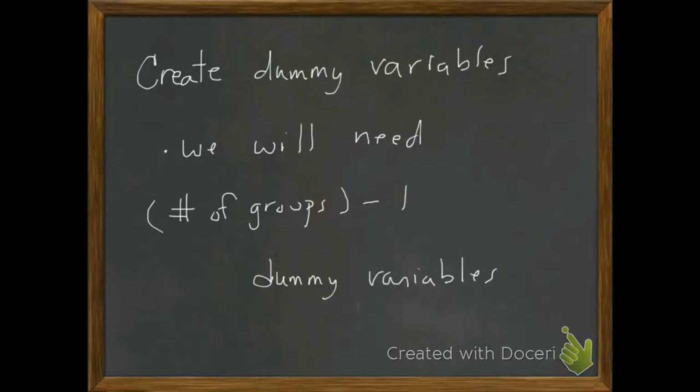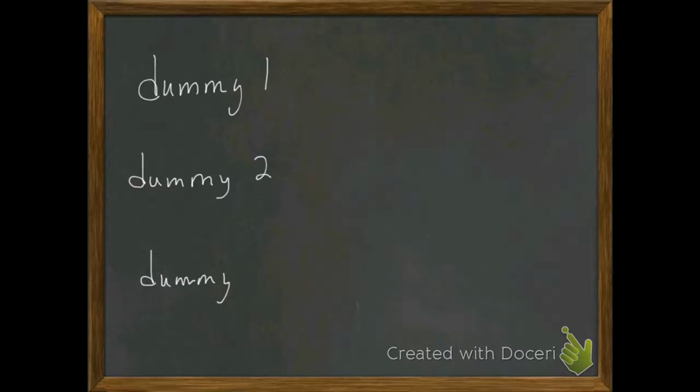So for school district, we have 4 groups. So gang, we're going to need 3 dummy variables. I'm going to call these dummy 1, dummy 2, and dummy 3. Now, the next thing we need is what we call a reference group.